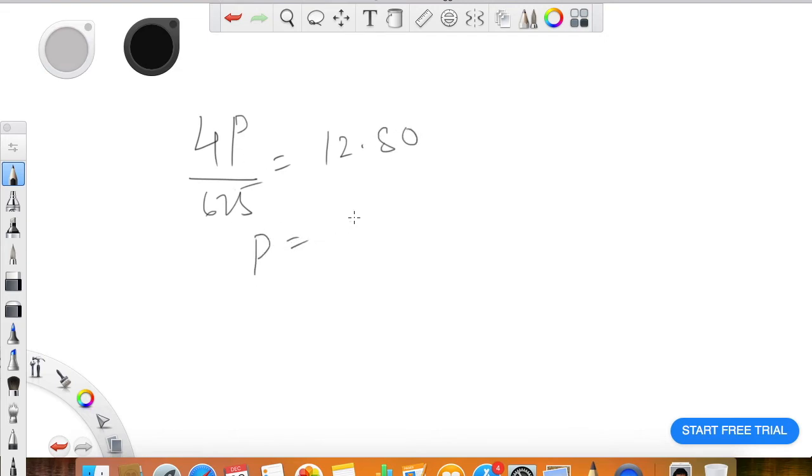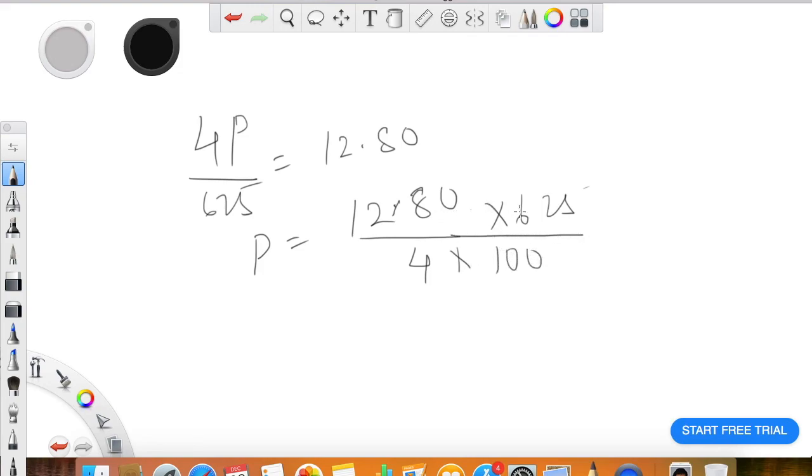So let us take care of this decimal. So 100 will be added here in the denominator. So 25 into 4, 432, 320, yeah, 320.